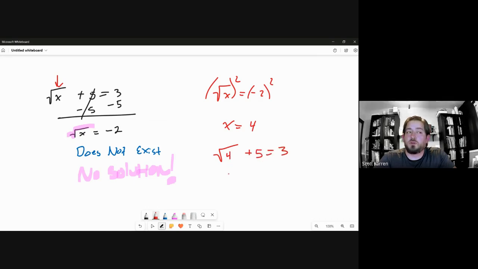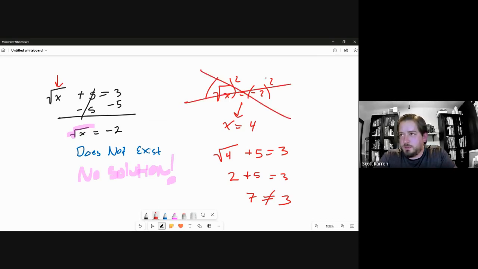But the square root of 4 is 2, and 2 plus 5 is 7, and this is false, right? So you can still square it and then solve the result of that, but you cannot say that it's valid, right? Once you've gotten that negative in here, that's the end of the road.